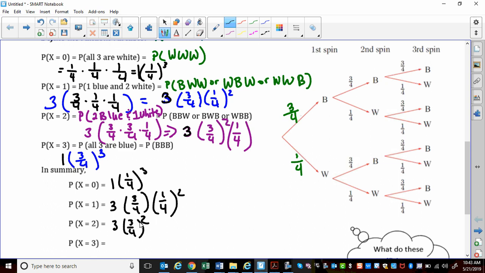Remember, we add 1 to the second term, and then we take 1 away, 1 over 4, and then 1 times, and then we give all of the exponents to this term, so it's going to be 3 over 4 to the third power. And this is because there are 3 trials.